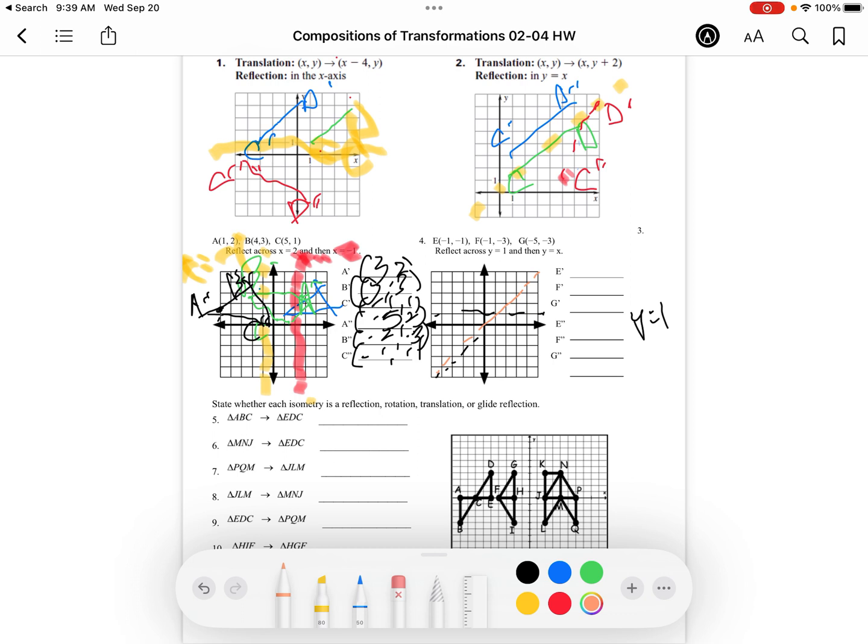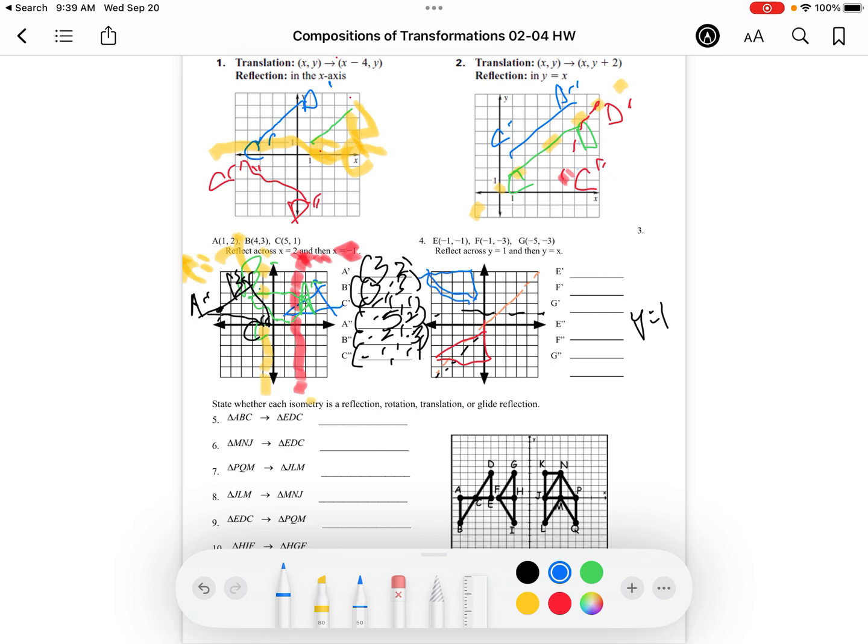So our original triangle EFG becomes EFG here. And then E prime, F prime, G prime just flips.